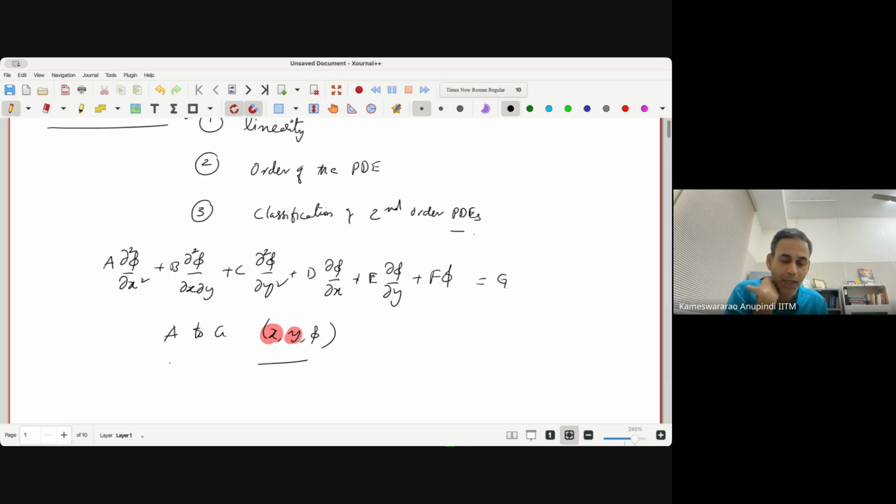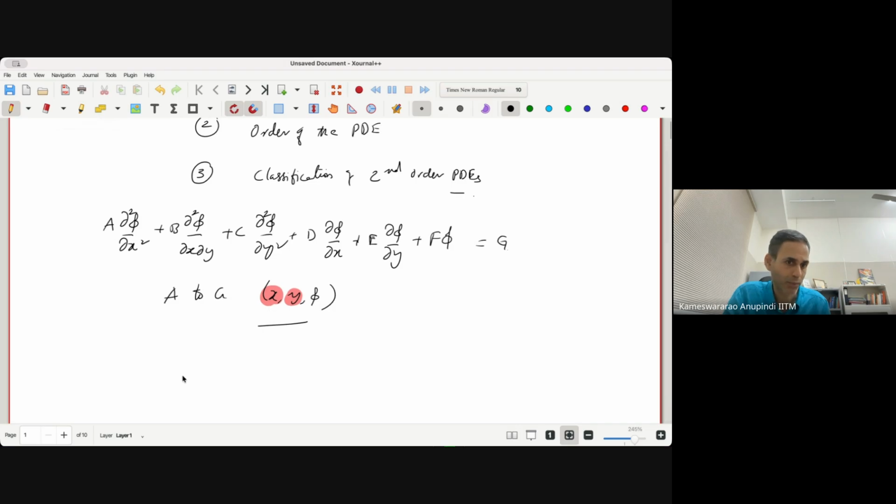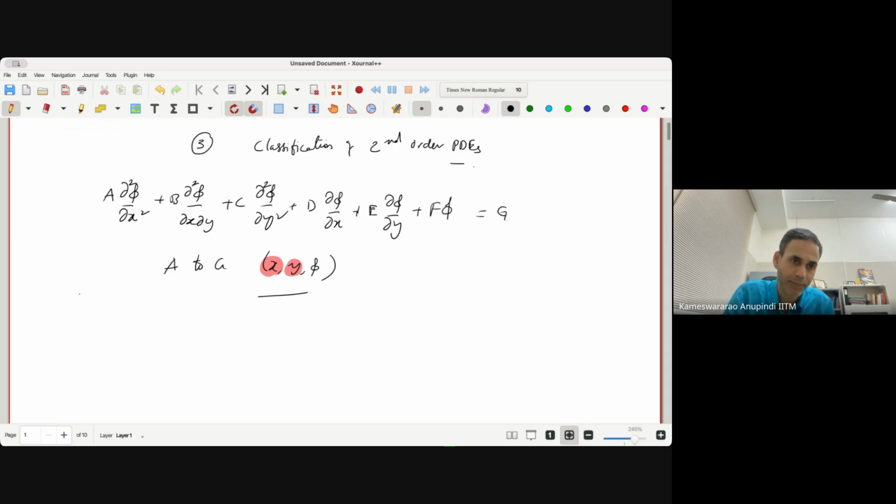That's what we discussed. Now, we also said that there are some curves that are known as the characteristic curves, which basically patch the different solutions together into one full solution.